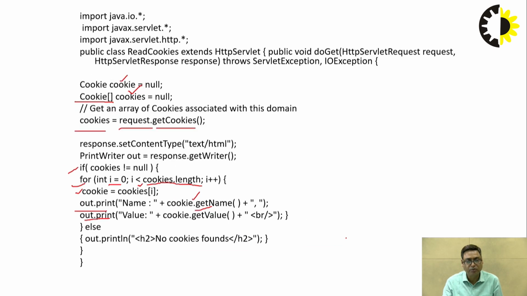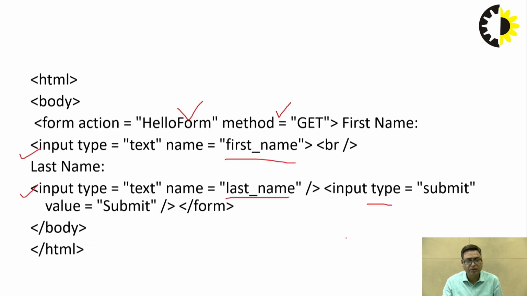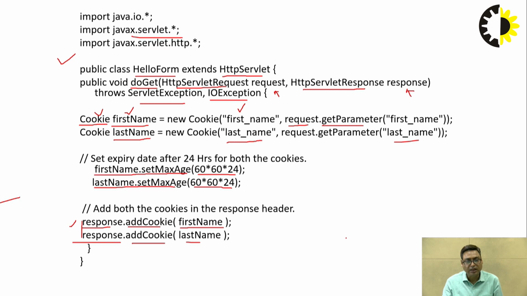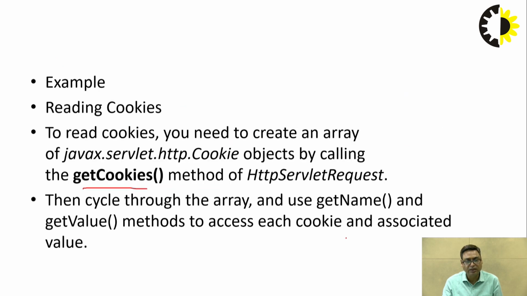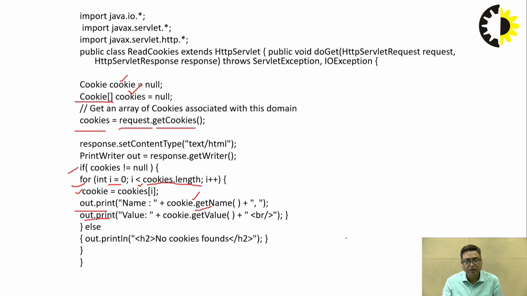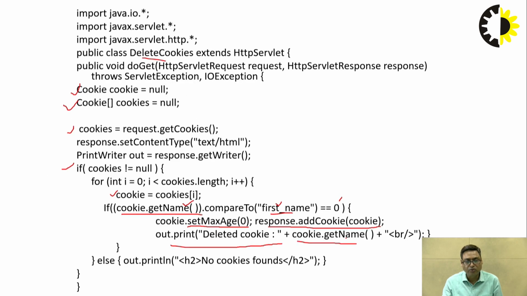That is the first program, which consists of three parts: one HTML page, second for storing the cookies, and third for reading the cookies. Then I discussed how to delete the cookies by setting the age of that cookie to 0.